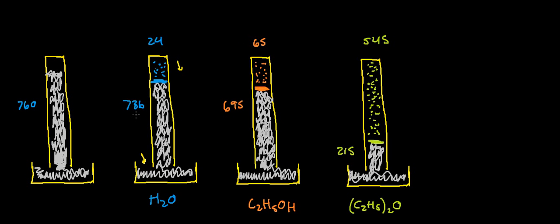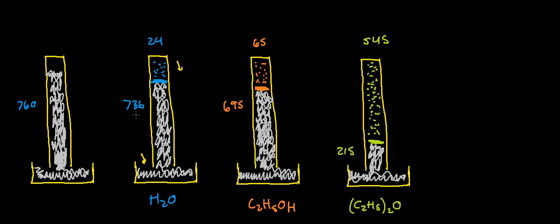And if I think about it logically, it makes sense. Something that has strong intermolecular forces, it's going to be harder for one of those molecules to leave and become a gas because their forces of attraction are much stronger. Something like diethyl ether, where the intermolecular forces are relatively weak, it's easy for it to become a gas because they don't hold on to each other that tightly.